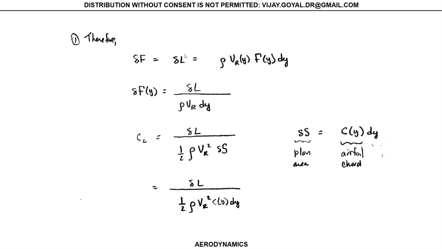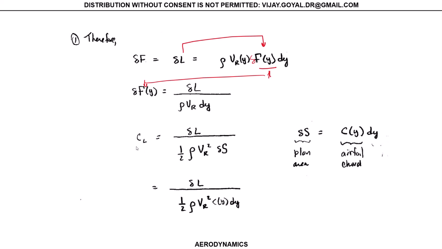Then if I just find the variation of my total force with the variation of my lift, and if you remember, I told you the lift is going to be a function of your circulation as well. So your force is equal to this, right? And I can go ahead and solve for my circulation. That's exactly what I did here. There's a delta missing there. So this is equal to this.